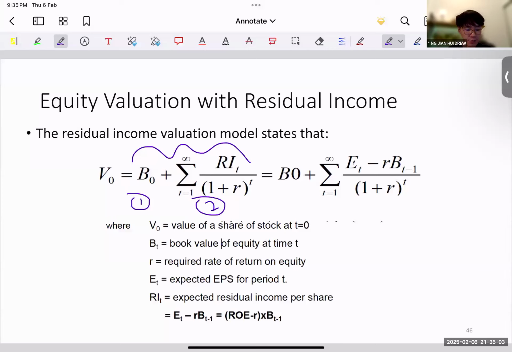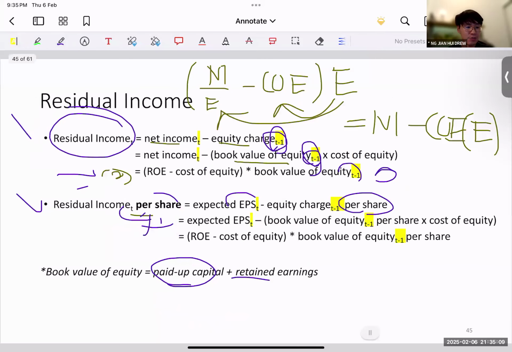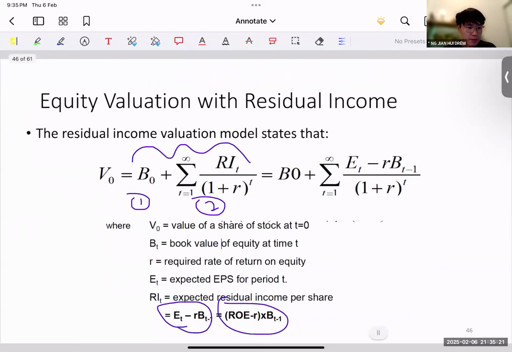You might see why this equals this. This is basically the same formulation. So I'm just going to flip back to the slide here. Remember, I talked about this as formulation 1 and formulation 2. It's just the same thing.